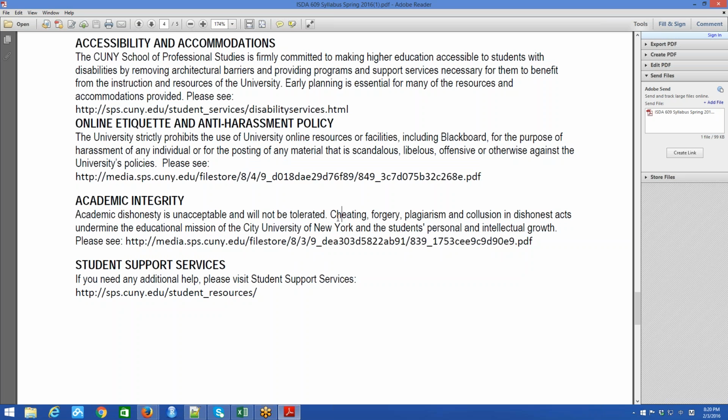But in the Blackboard system, you are allowed to discuss some of the questions. If you say, oh, I'm a little bit confused by this problem, I think it should be this, is my understanding correct? And then if other students reply, yes, I have a similar understanding, I think it should be fine as long as you don't actually post the code or solution.